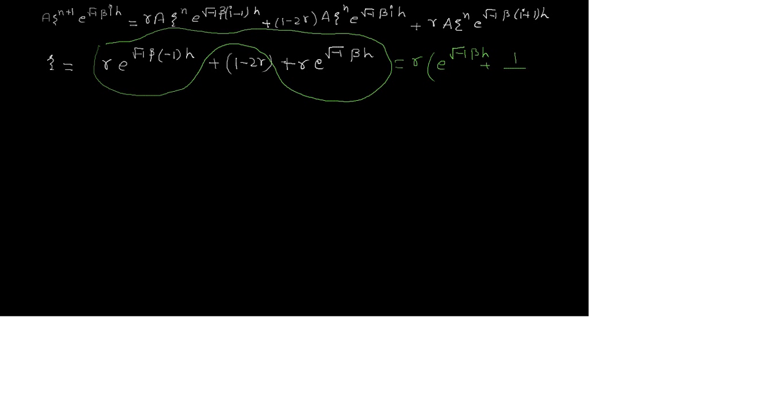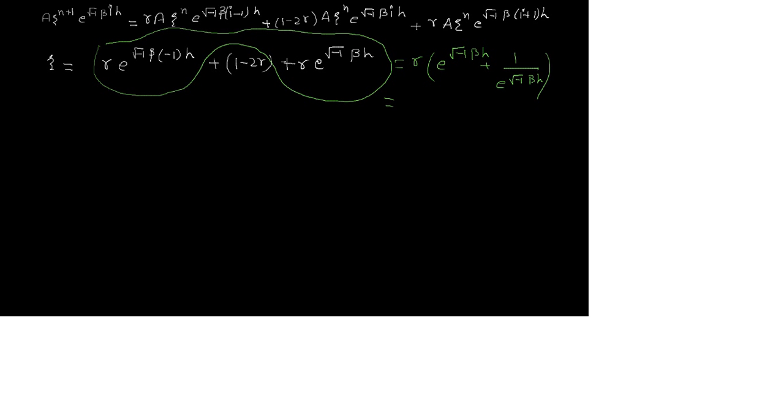Again if we club the first term and the last term, this is nothing but r times exponential of square root of minus 1 beta h plus its reciprocal.